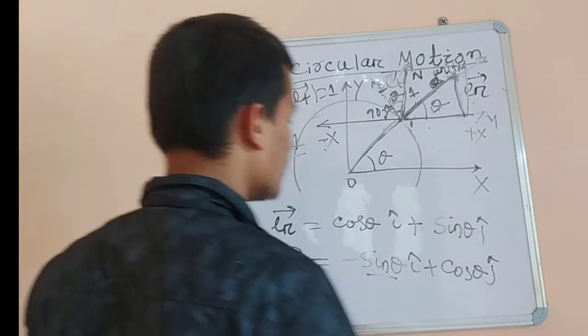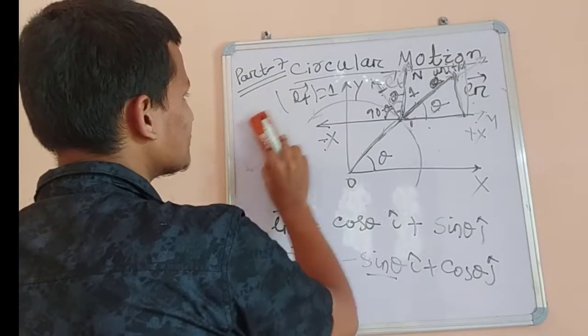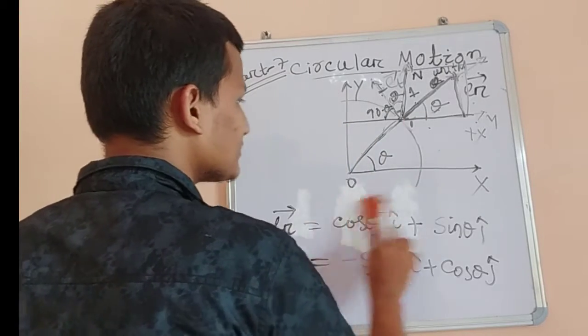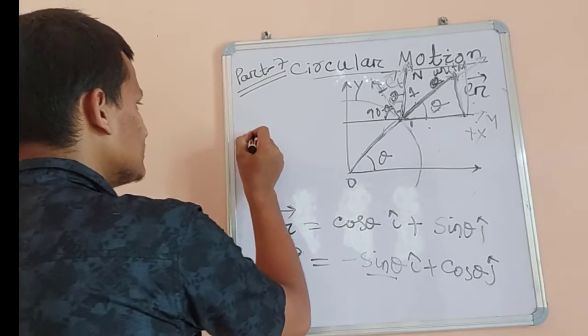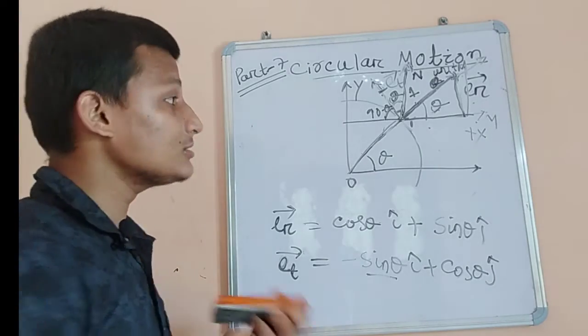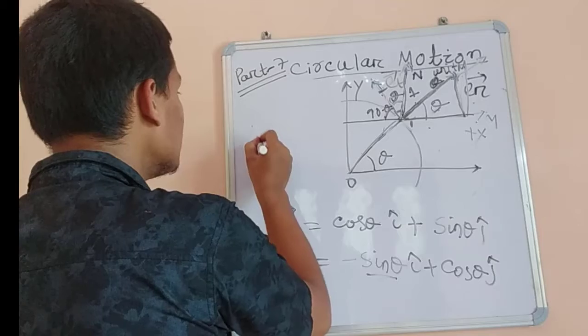Okay. So I am erasing this. Then our radial vector, r vector. I am not considering the unit vector, I am considering the radial vector.